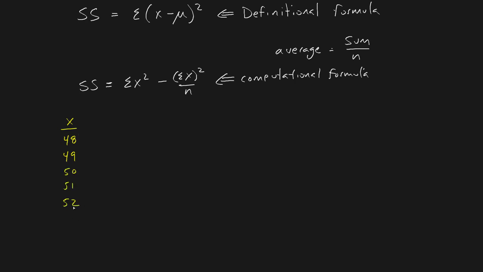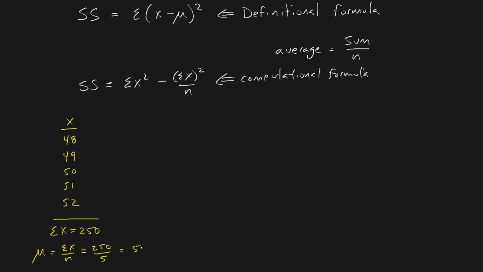You might recognize this from a previous concept video where I found that the total was 250, and I used that total to find the mean. That is the sum of x over n, which is 250 over 5.